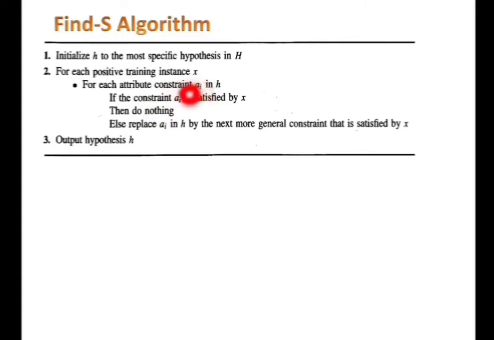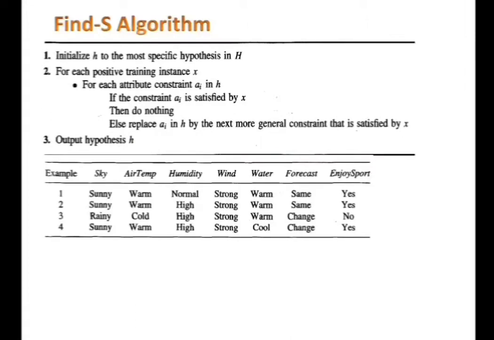Here is the Find-S algorithm. It begins with the most specific hypothesis in H, then generalizes this hypothesis each time it fails to cover an observed positive training example. Let us trace this algorithm for the EnjoySport example.